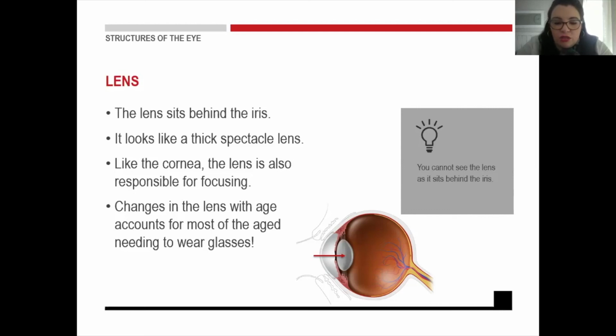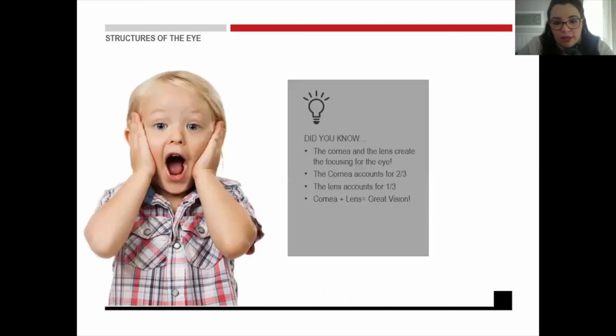And then we need to do a cataract operation by removing the lens and putting an artificial intraocular lens in the eye. And also when a patient becomes older, the lens tends to be not as flexible as it was when the patient was younger. And that is when someone needs to start wearing reading glasses when they get older.